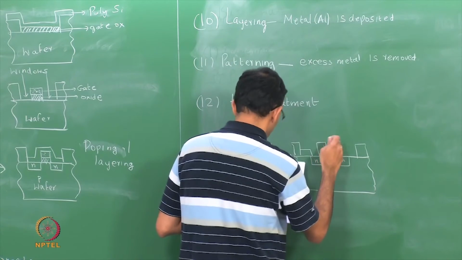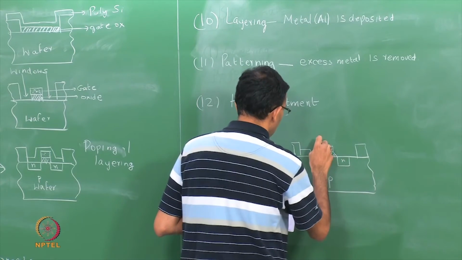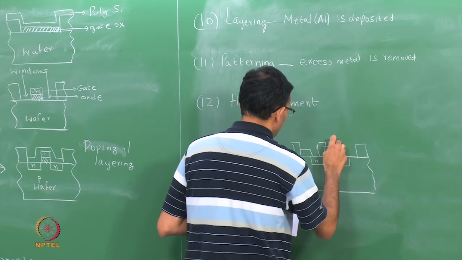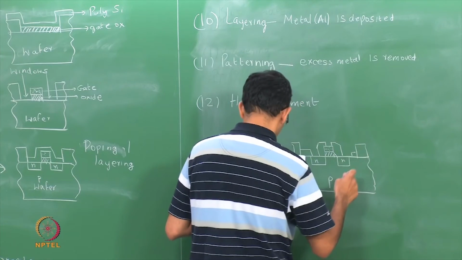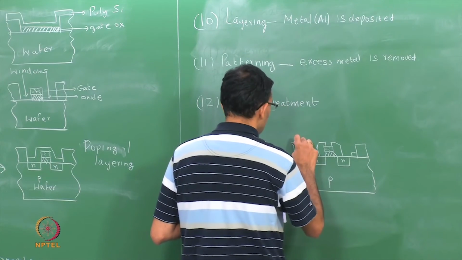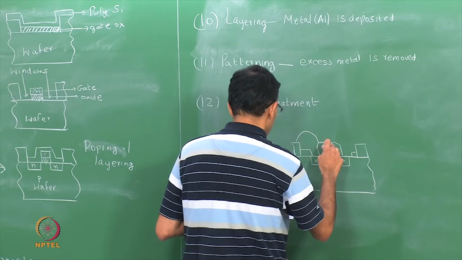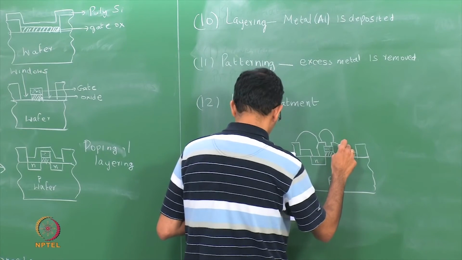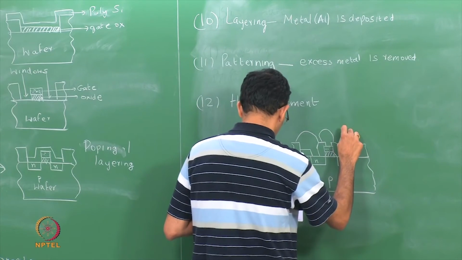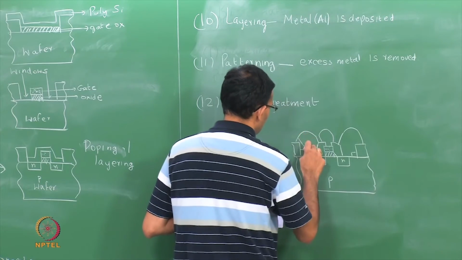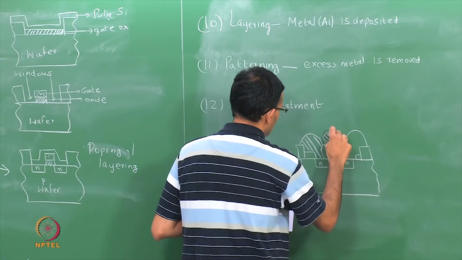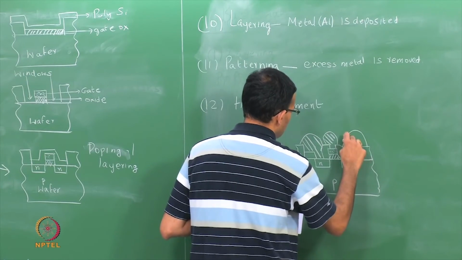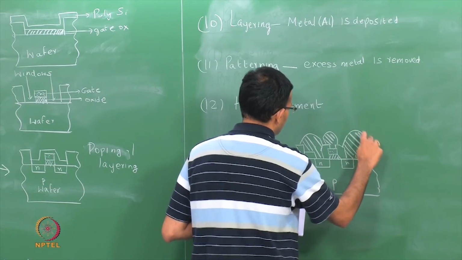So, in this case I am first drawing the oxide isolation. But you also have electrical contacts to the source, to the gate and the drain.